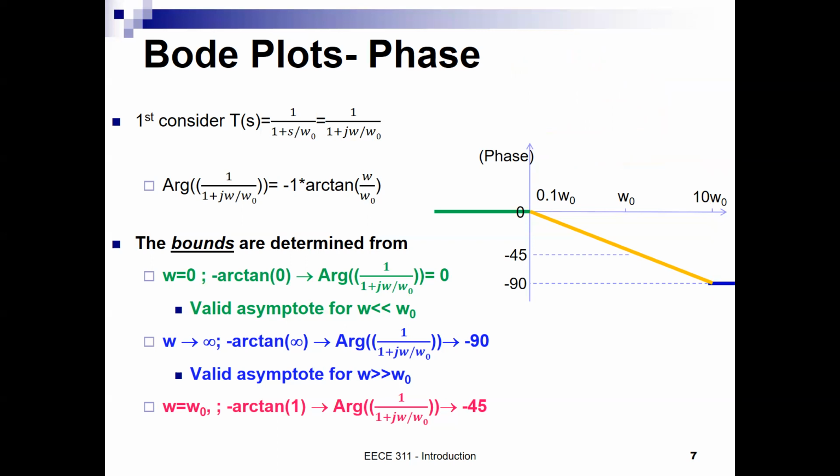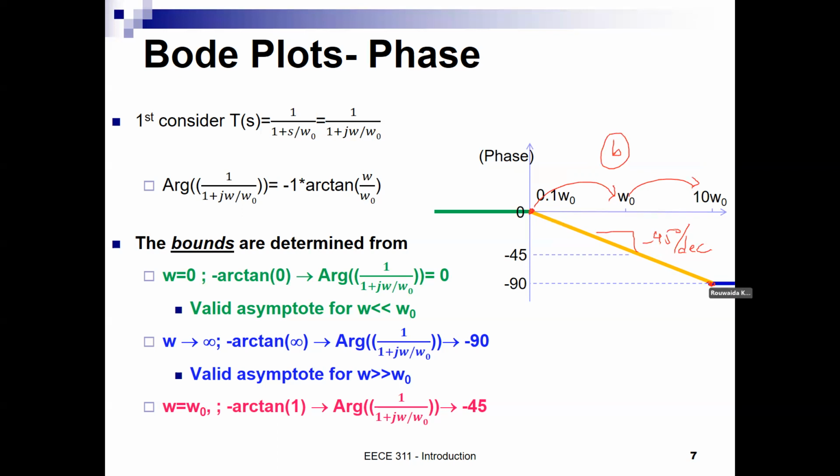Then region B, we know its boundary points. We know we're going to gain 90 degrees across it. This is 0.1 omega 0, and this is 1 decade, and this is 2 decades. So basically, this region has a slope of minus 45 degrees per decade, and at 2 decades, we reach minus 90.